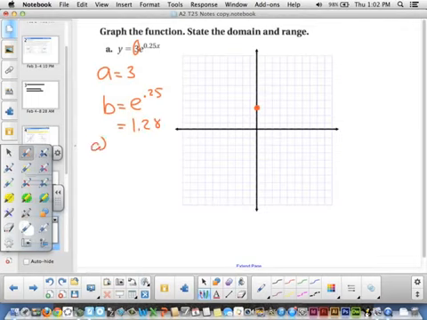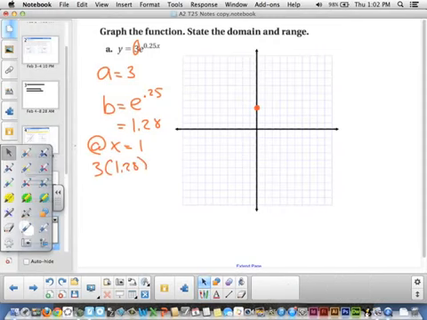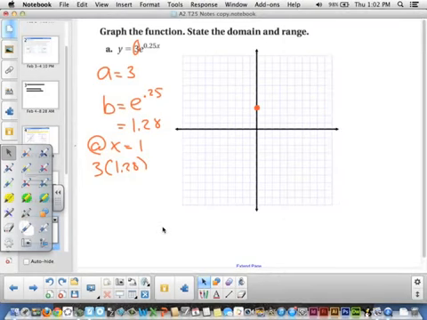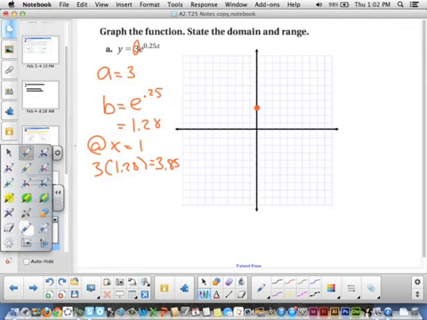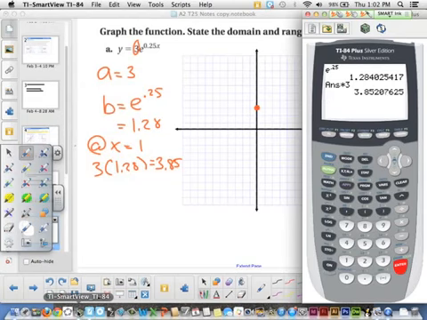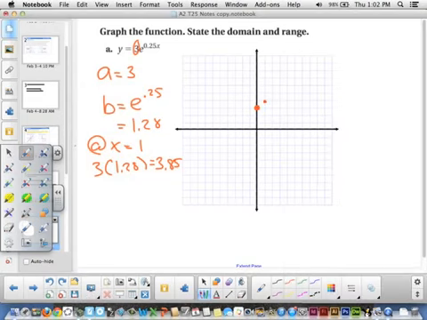So at x equals 1, we're going to take 3 times 1.28. That'll be our next point. I'm just going to do answer times 3. 3.85 is at x equals 1. That puts us right about there.